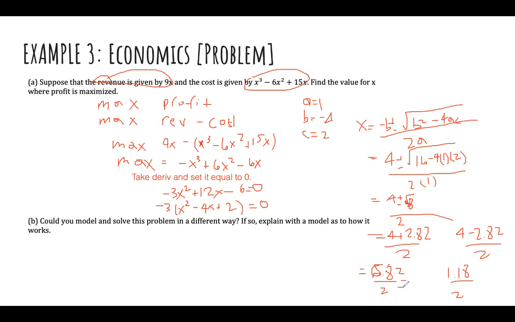And we're going to get some decimal numbers. So we have like a 3.41. And then we have 1.18 divided by 2, 0.59.